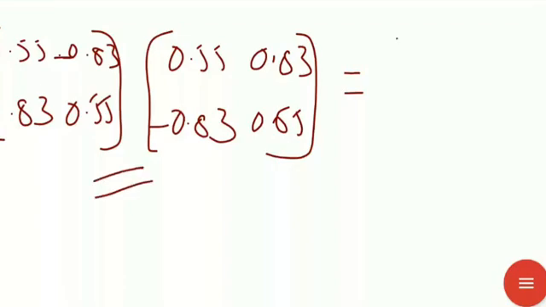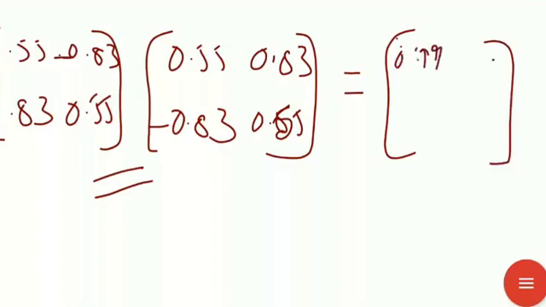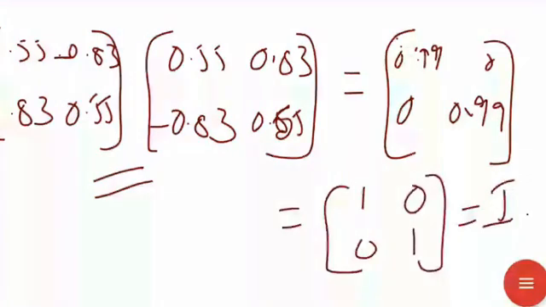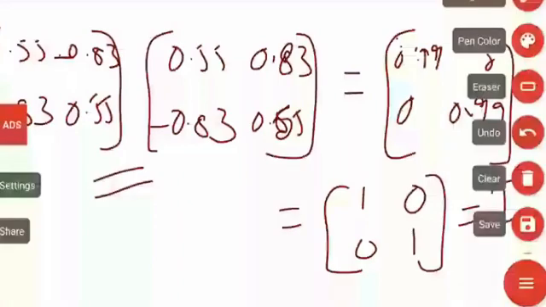Then you can get 0.99 something, here also 0.99 something. Consider it like this. Now the orthogonal condition is satisfied.